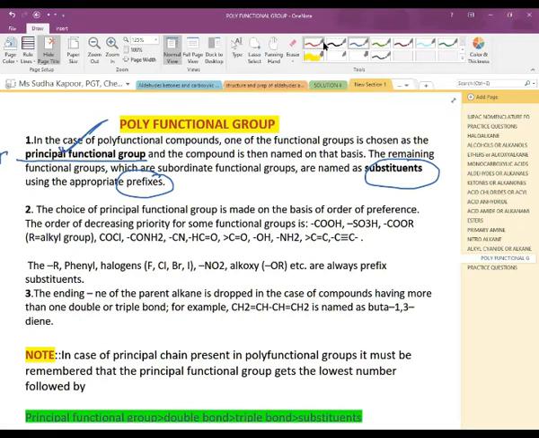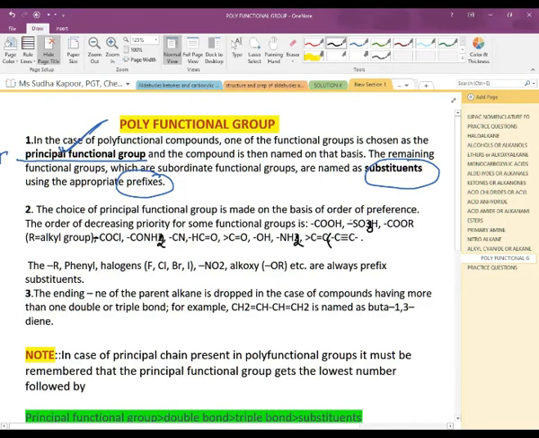So we will be using a priority order here. The first is COOH, the main functional group, then SO3H as the sulfonic, then COOR. Here remember that R is for alkyl group. Then COCl, CONH2, that is the amide part, then CN cyanide, CHO is al, CO is ketone, OH is alcoholic, that will be called accordingly, NH2 amine, then the alkene and the alkyne.